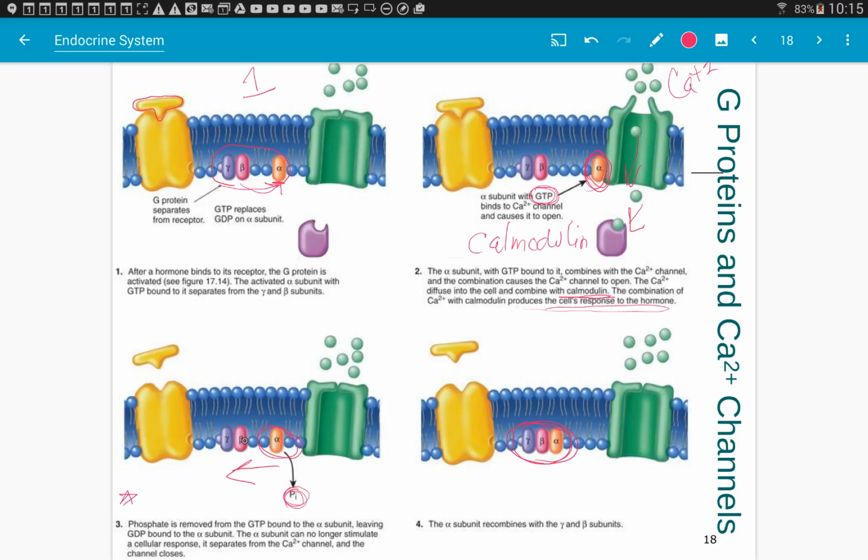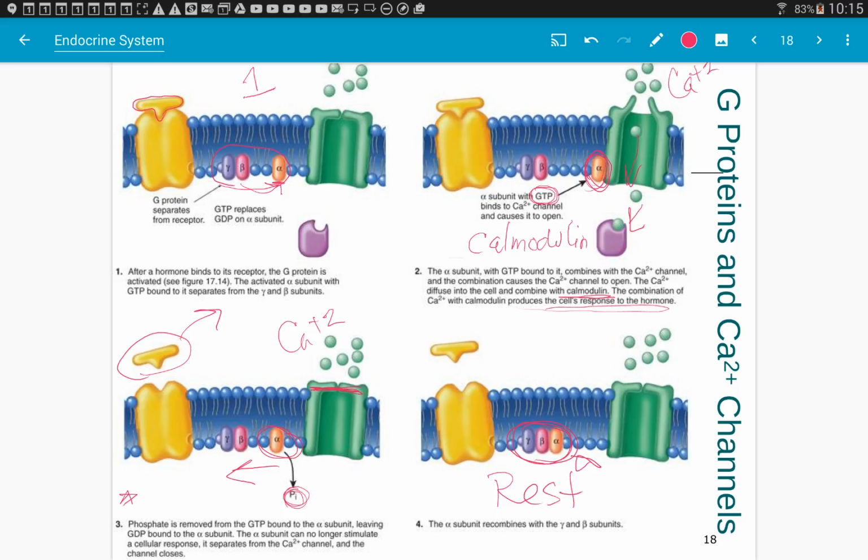And it joins its friends to make a complete G protein again with your gamma, beta, and alpha subunits. And so when alpha leaves, the gates close, no more calcium can go in, and our hormone dissociates from the receptor. So when all of those things happen, we are back at rest. Okay? So we have our G protein right here.